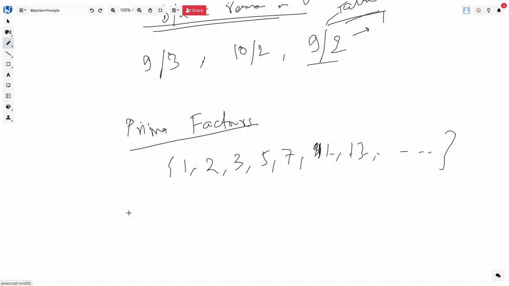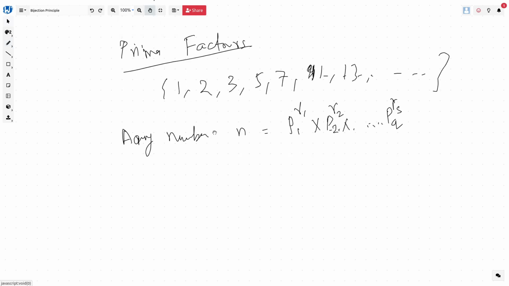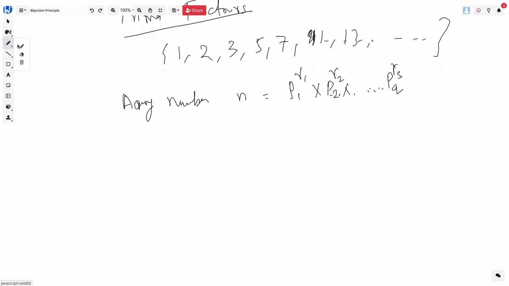So prime factorization law says any number n can be written as a product of powers of primes, P, Q, R, let's say S, right? So it should be P to some power into Q to some power into R to the power S. So let's take an example. Let's say 72.